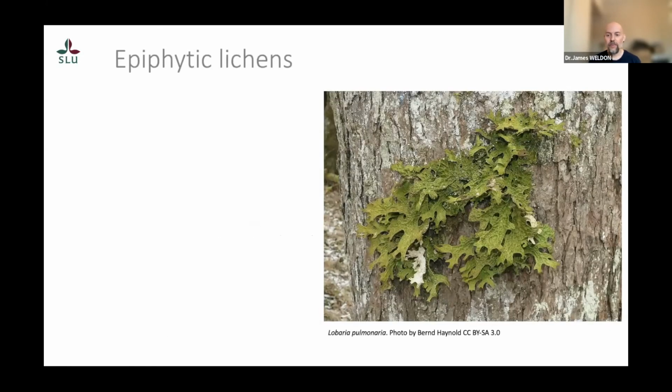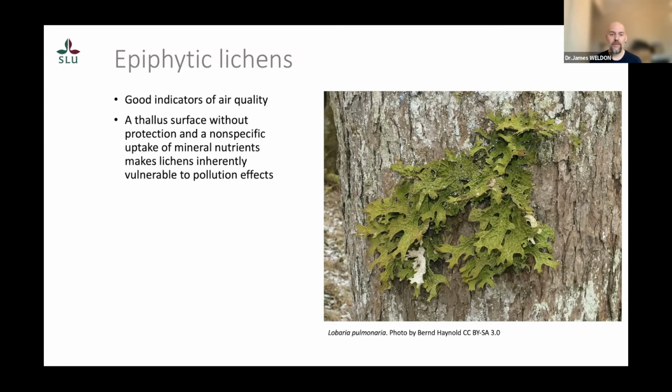So what we're looking at here is primarily epiphytic lichens. There's a nice leafy example here from a common species in Sweden, Lobaria pulmonaria. One of the qualities of epiphytic lichens is that they're well known to be good indicators of air quality.